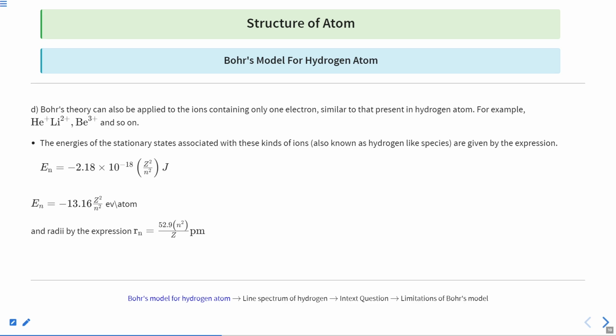As we increase Z, we are increasing the protons, but the electron is single because it is a uni-electron system. So this is a kind of imbalance you are trying to create. It is getting more and more imbalanced because protons are increasing one by one and the electron is the same, and that is disturbing the stability. So the energy goes on increasing.